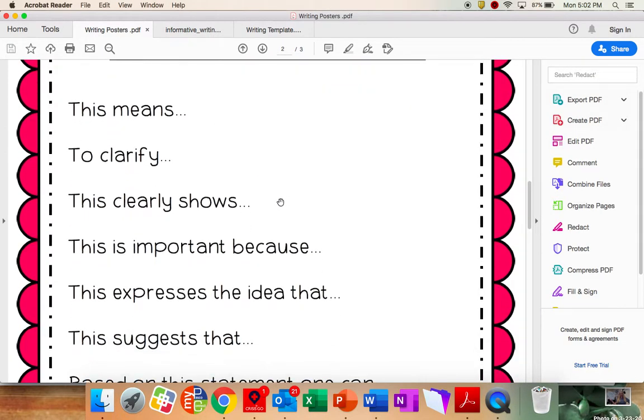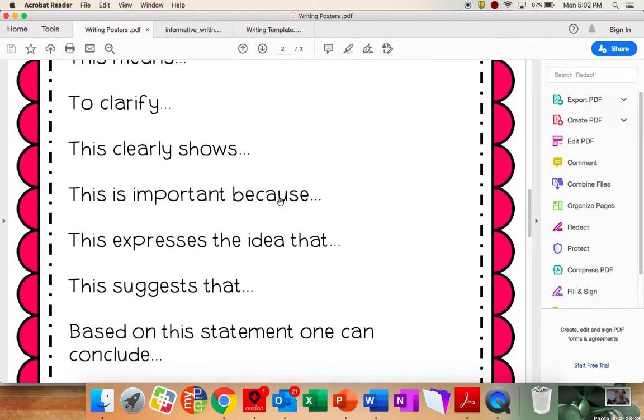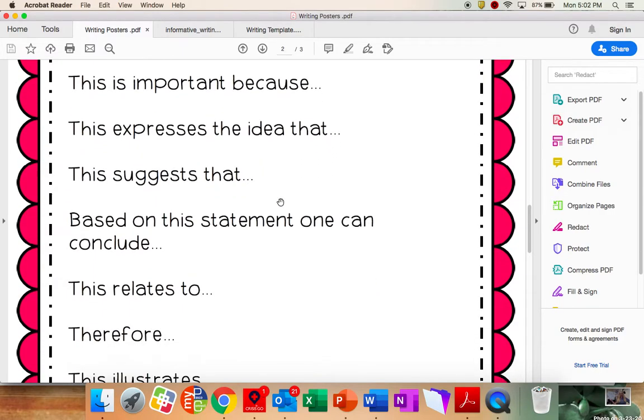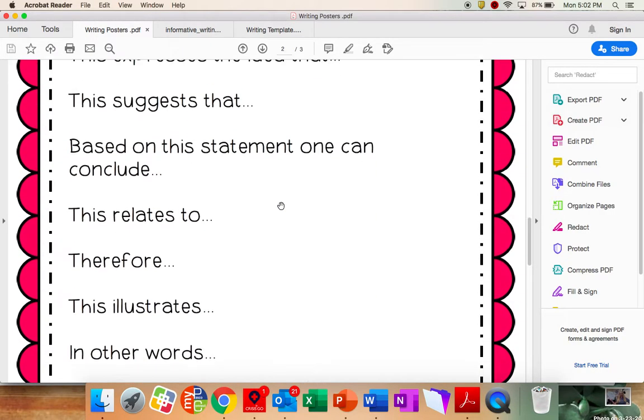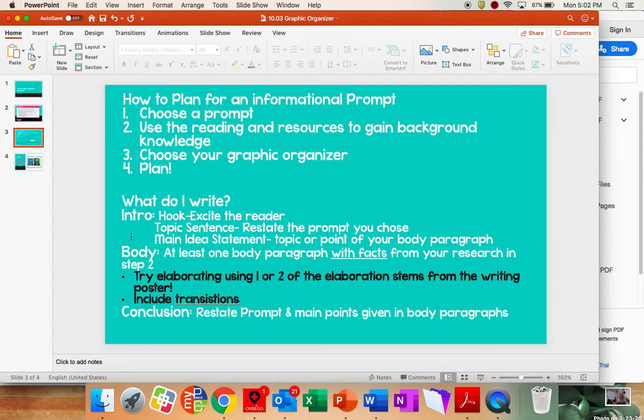So you can choose this means, to clarify, this clearly shows, and so on and so forth. This pink page has those elaboration stems. Choose one or two of those to help you practice elaboration, because again, we don't want that skill to be dull when we go to use it again in middle school. And then last, in the plan that we used a couple of weeks ago, I was seeing some great transitions.